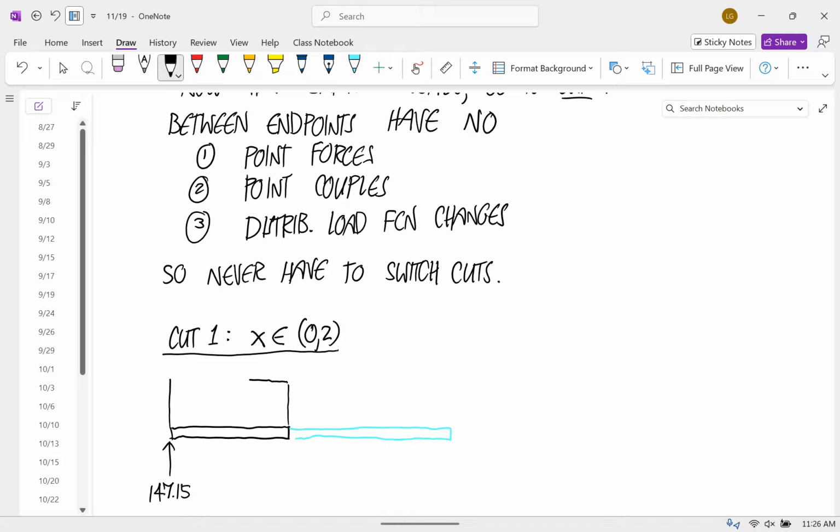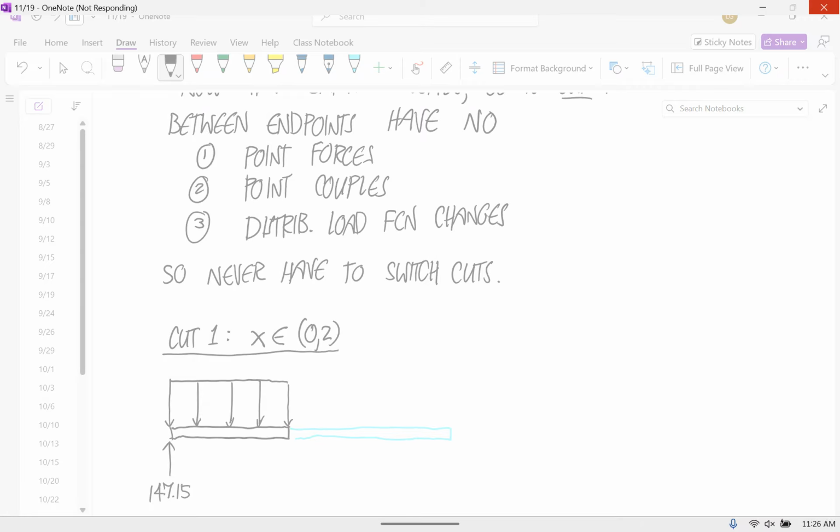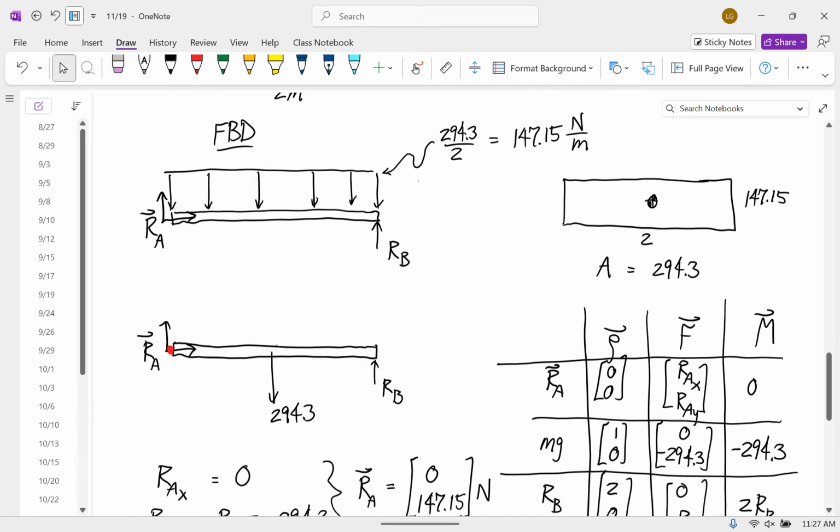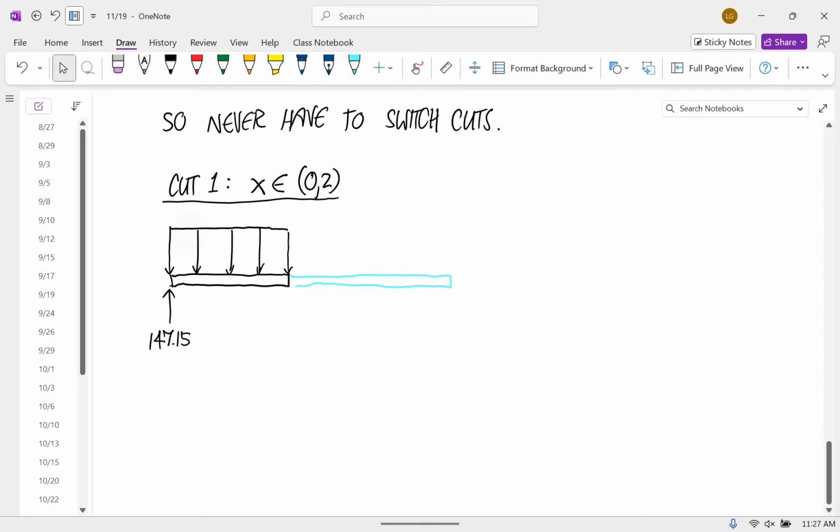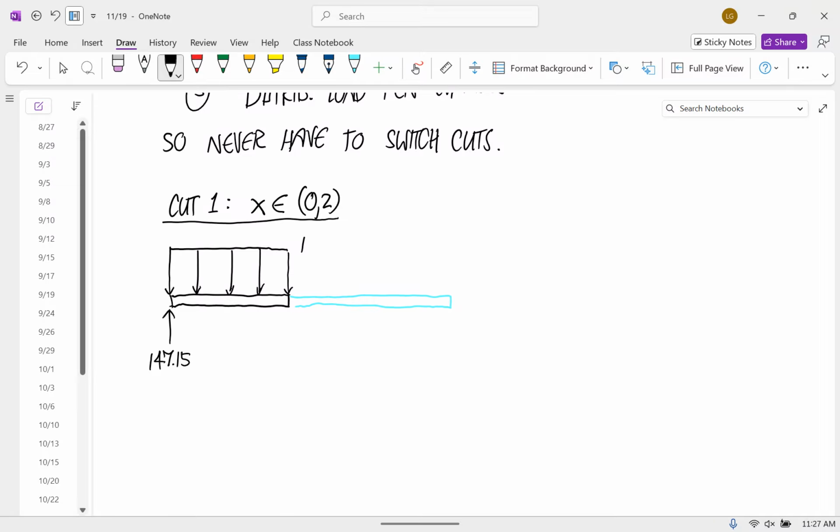We have this downward distributed load acting here, and we know that the value of that is 147.15. We're skipping all this stuff, and we're skipping this.